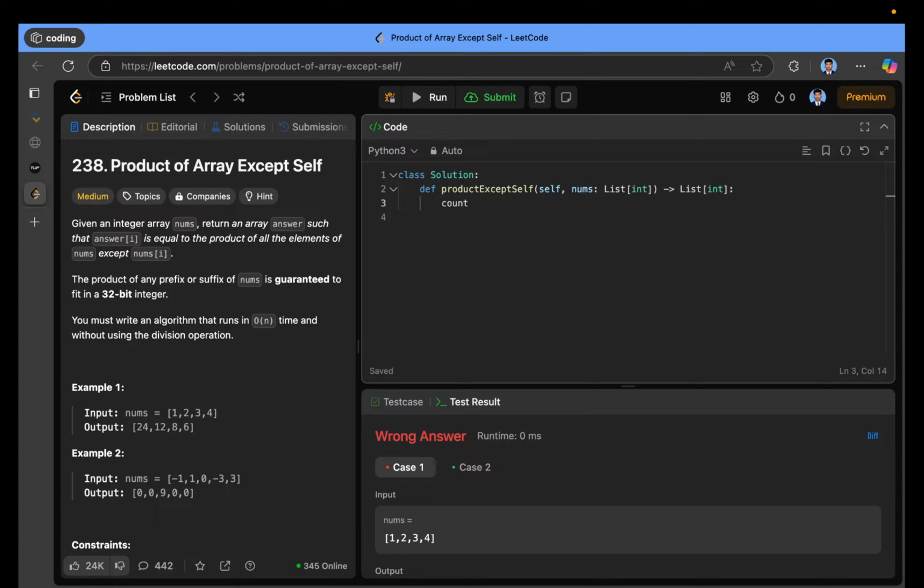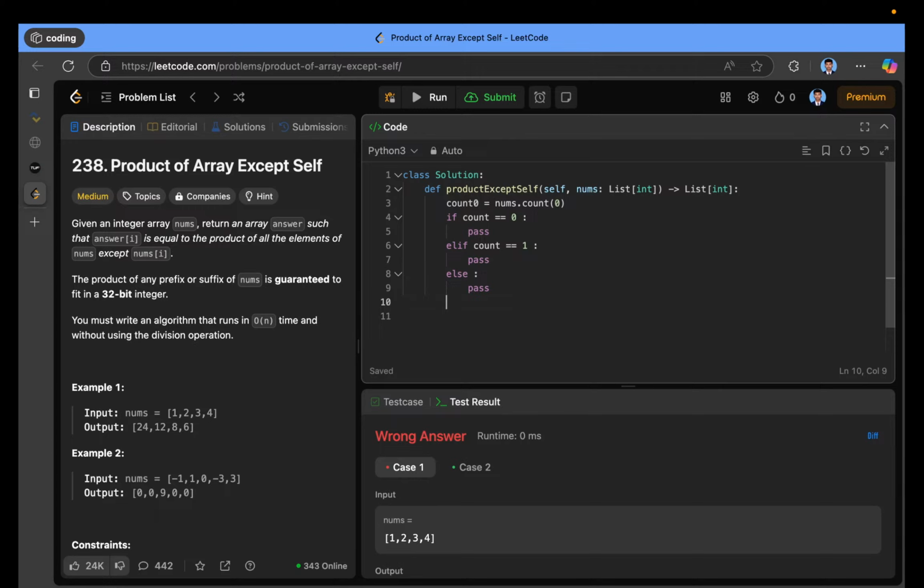See, count zero. I think this is the right function that I'm using. This will count the number of zeros. If count == 0, then do something, elif count == 1, then also do something, and if there are more than 1, then do something.